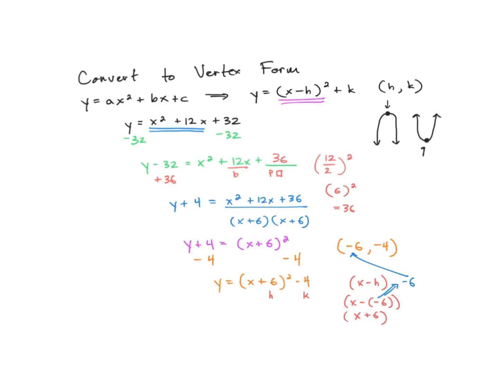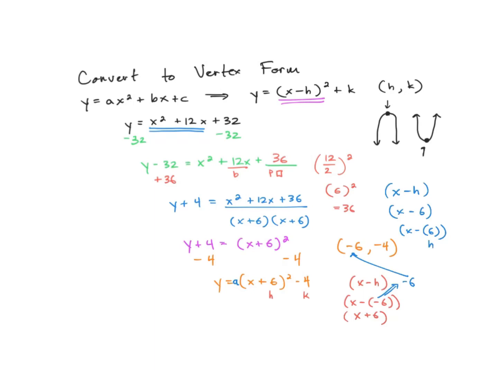Question? So if the 6 would have been like x minus 6, it would have just changed into... It would have just stayed 6, yeah, because if it was x minus 6, then my x minus h, if I have x minus 6, then simply my h in here was just a positive 6.